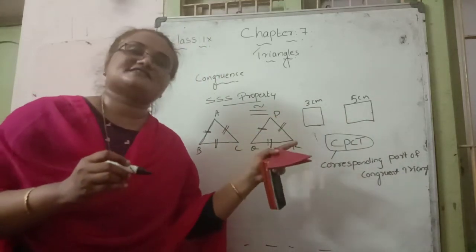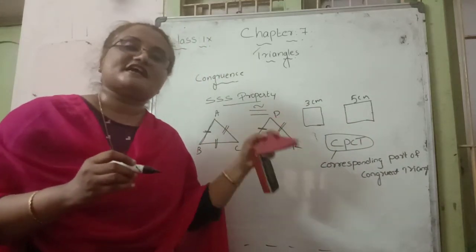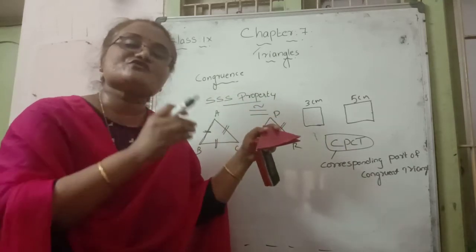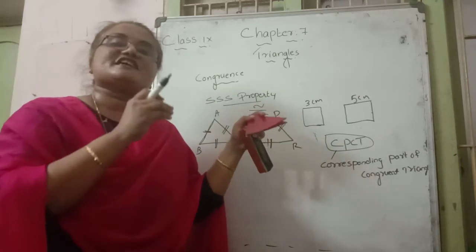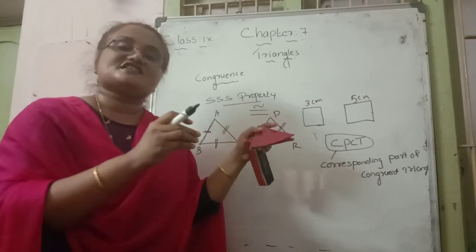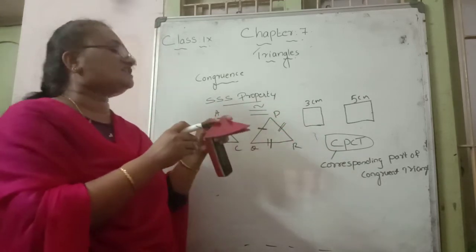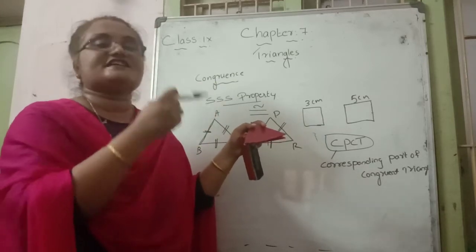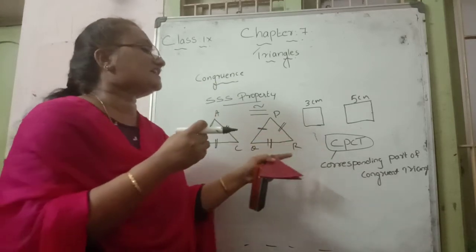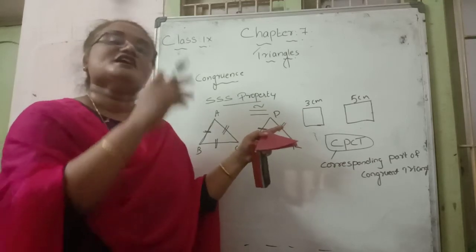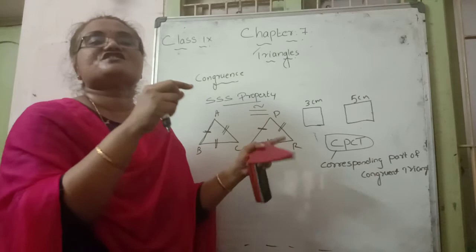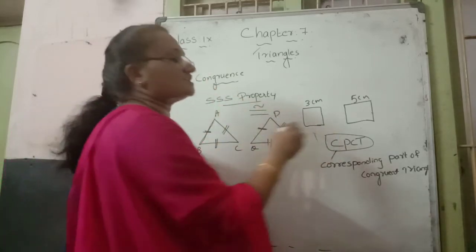In exercises on triangles, when two triangles are given, first check which property they satisfy. If they satisfy the SSS property, check that their sides are equal. So apply the 3 conditions; if two conditions are given, the third condition can be stated by CPCT.